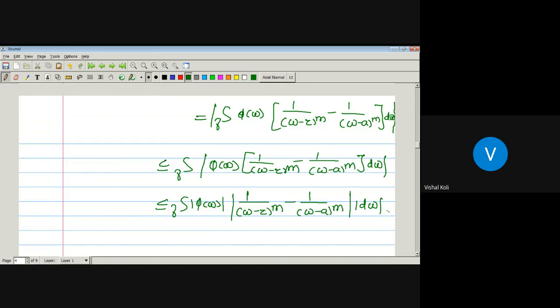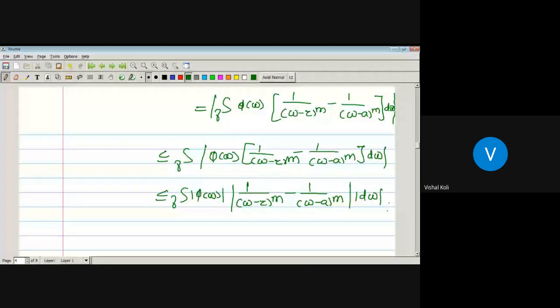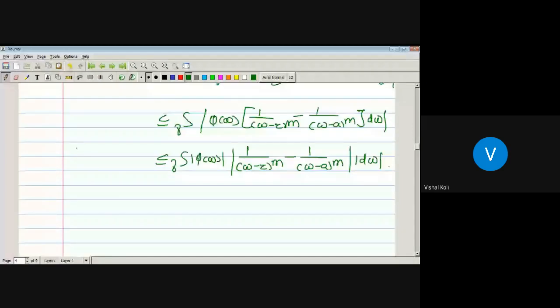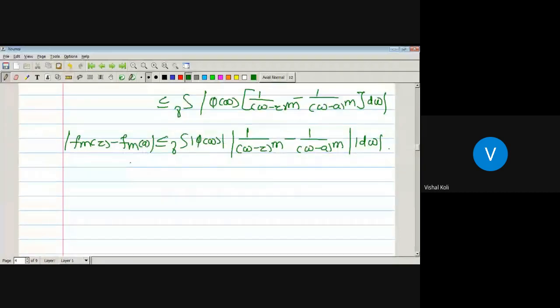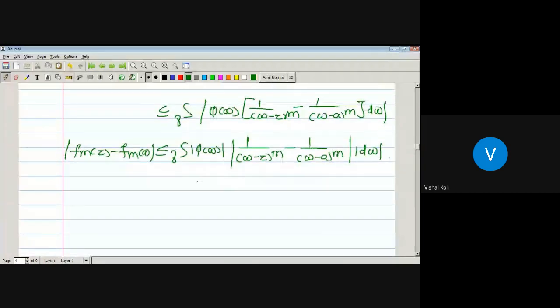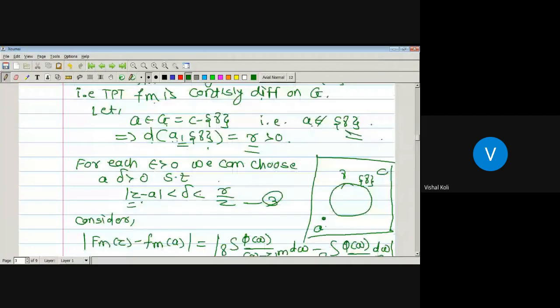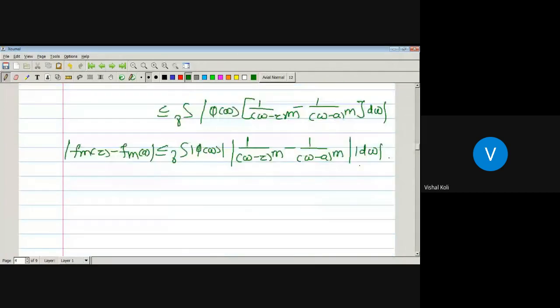So this is nothing but our modulus of fm of z minus fm of a, which is less than or equal to the integral over the curve gamma of modulus of phi of w into modulus of 1 upon w minus z to the power m minus 1 upon w minus a to the power m, into modulus of dw. Let us take this as equation number 4.